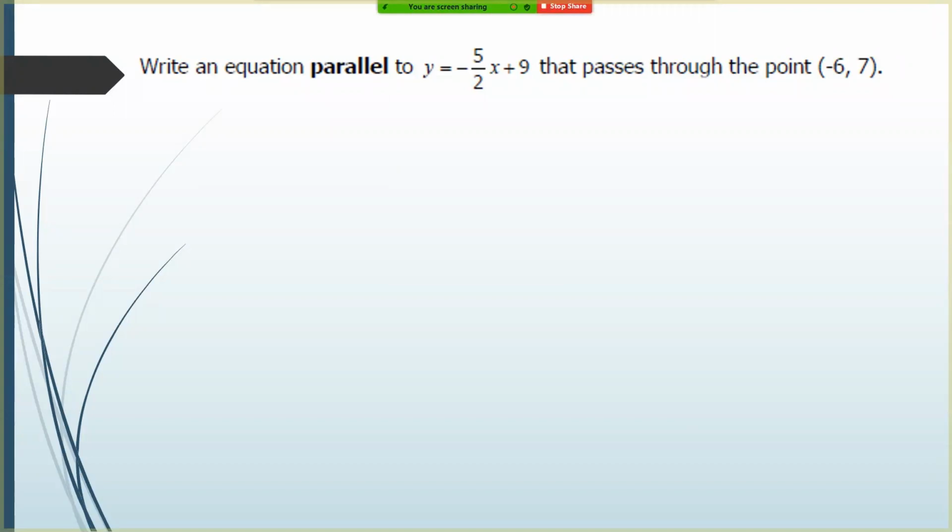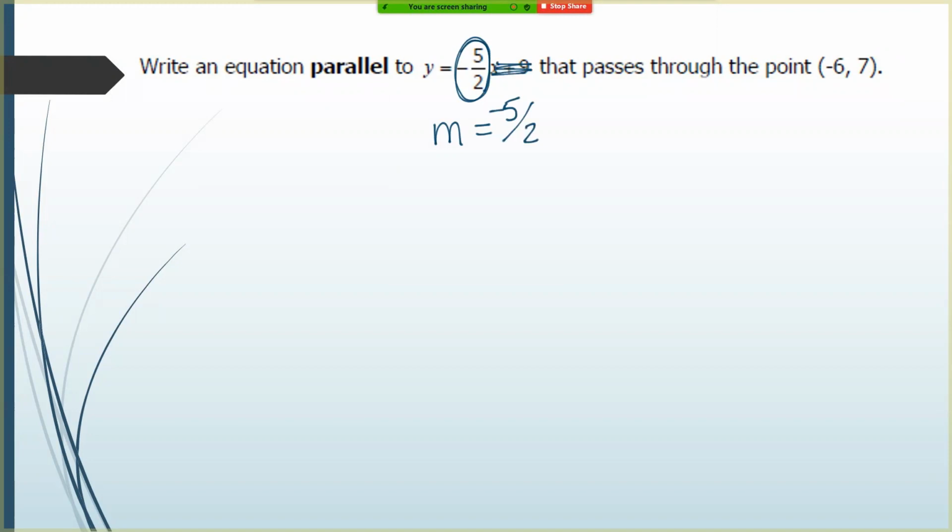So first thing you've got to remember, what's special about parallel lines? What did we talk about earlier? They never intersect. If they never intersect, they have the same slope. So right here's the slope of the line we were given. The only thing that matters to me is that that slope is -5/2.